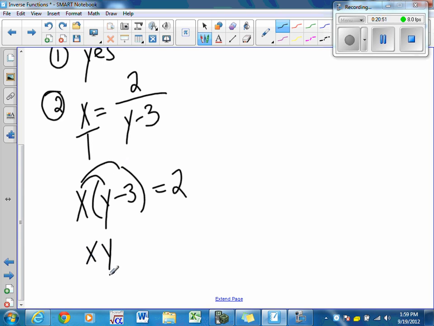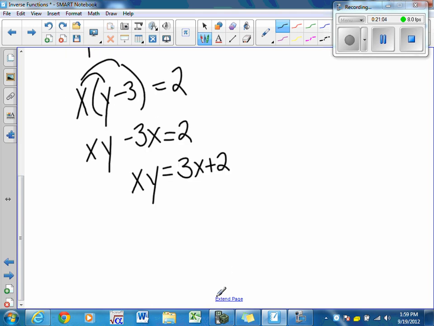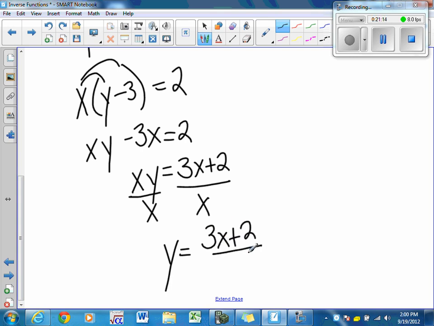I get xy minus 3x is 2. I'm solving for y, so I want y on the side by itself. Move everything else to the other side. And finally, divide by x. So my inverse is 3x plus 2 over x.